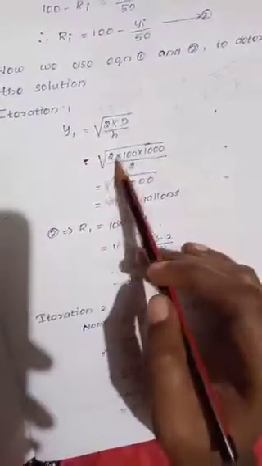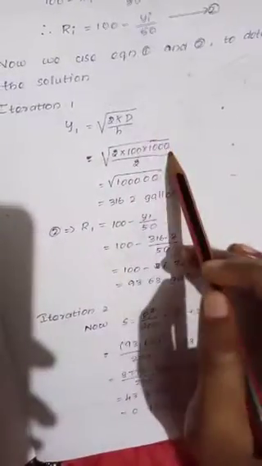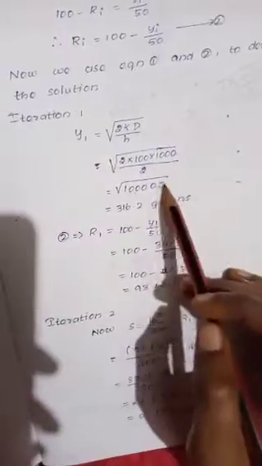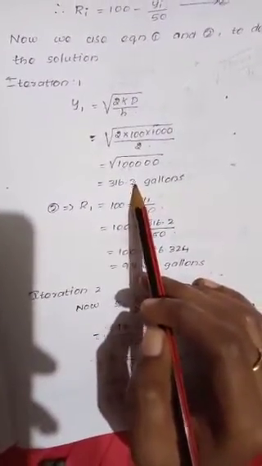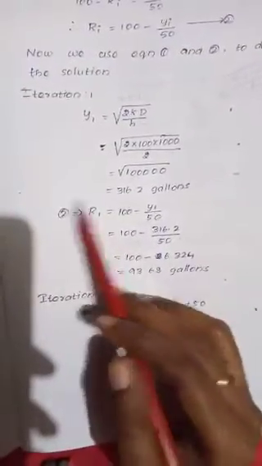When we put s as 0, y1 is equal to root of 2KD by h, which is equal to root of 2 into K value 100 into D value 1000 by 2. Simplifying and taking the root, this is equal to 316.2 gallons.